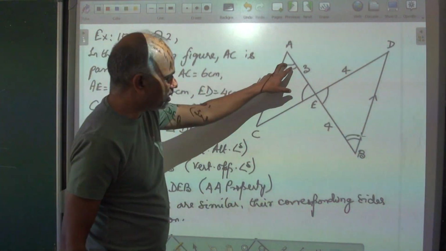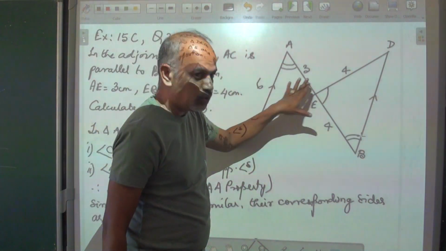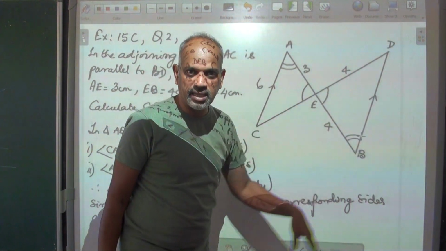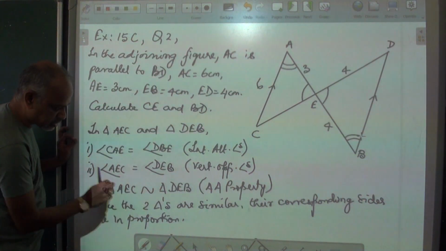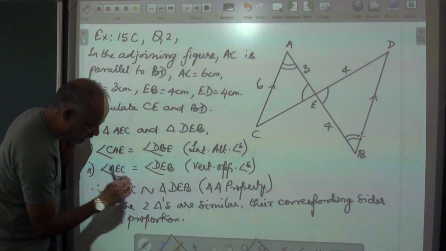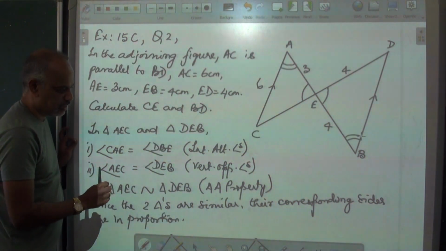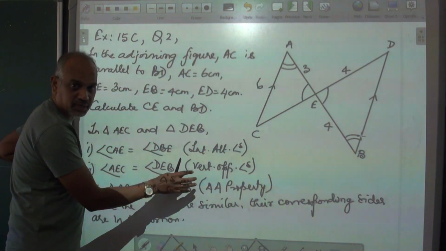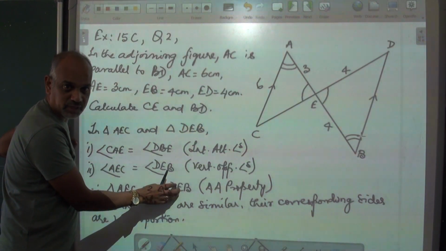Now that these two angles are equal, you can immediately say that these two triangles are similar. Therefore, triangle AEC is similar, with the similarity sign, to triangle DEB. You also have to write what property you are using for proving the similarity.